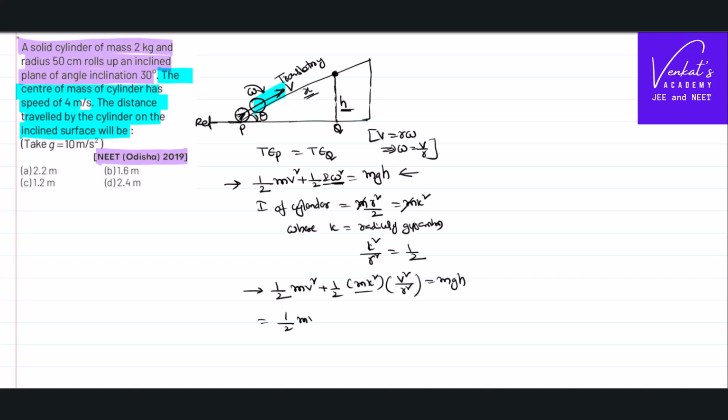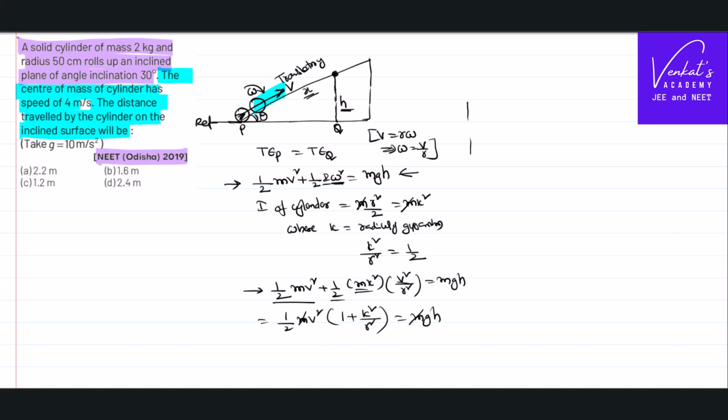Half m v square I can take common. From the first term, everything is taken common, and 1 remains. What is remaining is k square by r square, equal to mgh. Of course, this m can be cancelled.